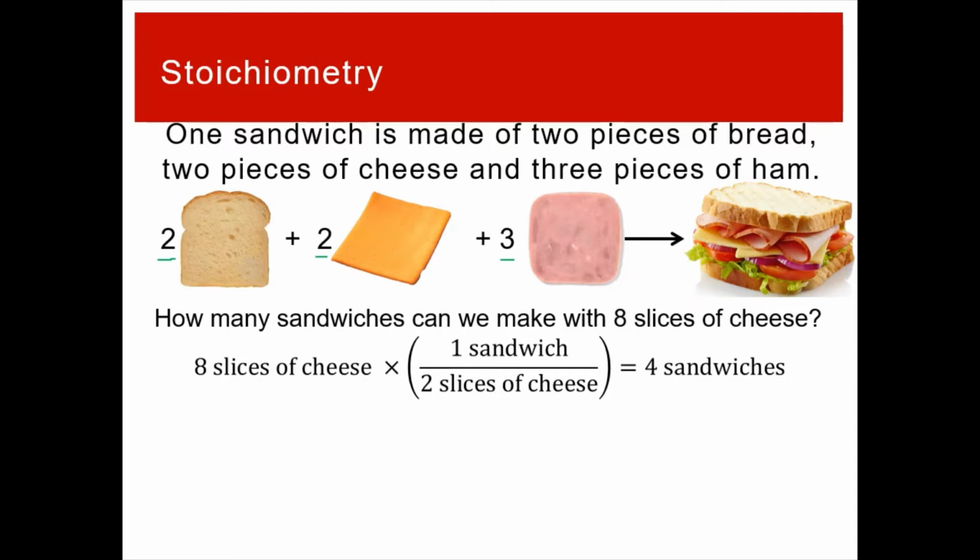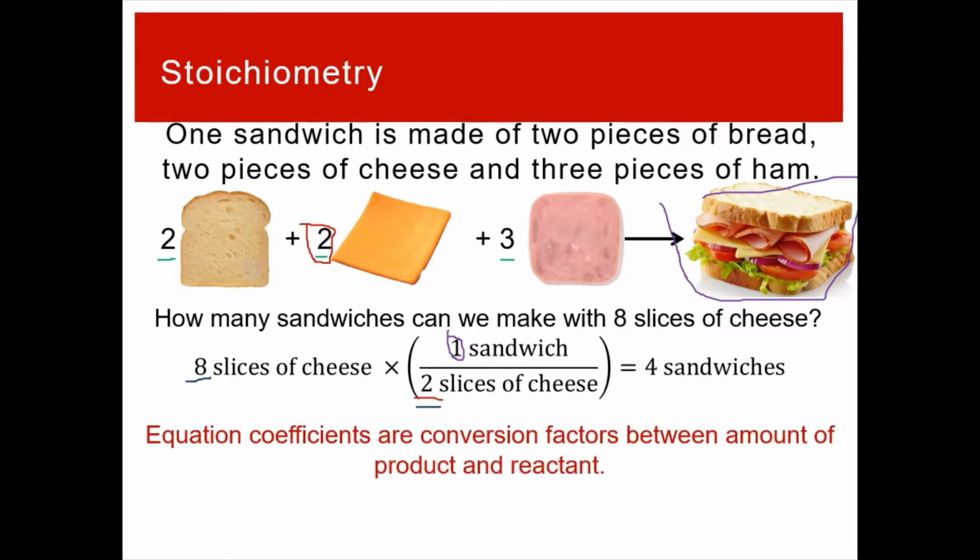We know that based off the coefficients, there are 2 pieces of cheese for every 1 sandwich. And so what we are functionally doing is taking the 8 slices of cheese that we started with and dividing them by this 2 slices of cheese per sandwich, telling us that we will make 4 sandwiches.